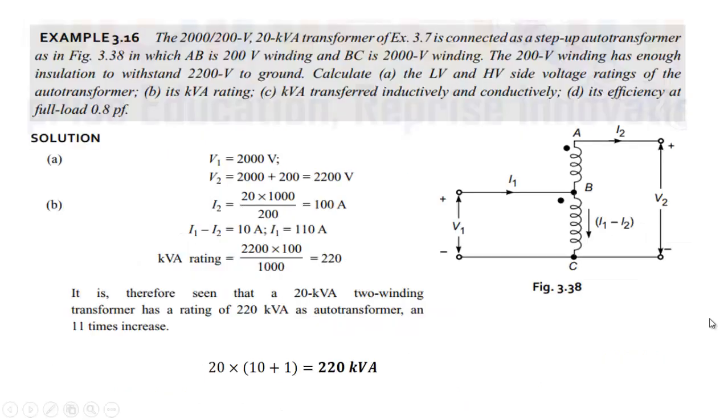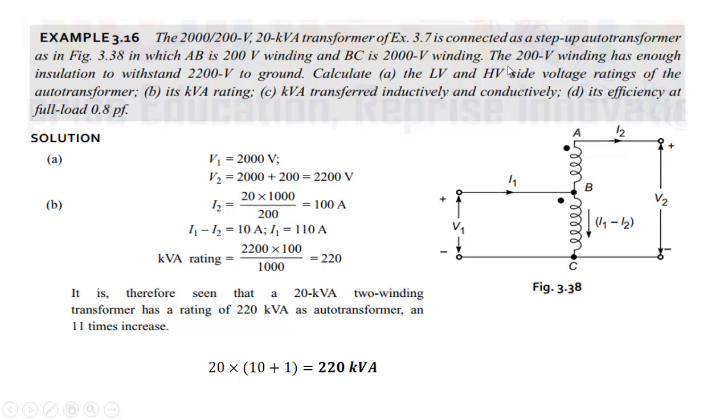Okay, let us try to do one more numerical problem. A 20 kVA transformer, actually example 3.7, where we have done the short circuit test and open circuit test. It is connected so that it acts as a step up auto transformer, in which AB is 200 volt and BC is 2000 volt.